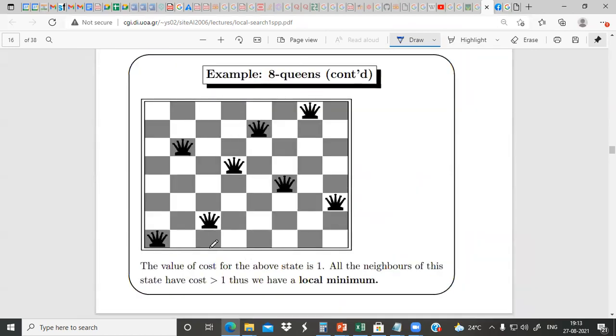This is also not a solution, but this particular board position, its evaluation function or H value, is 1. Only one pair of queens is under attack. This queen, if you see, cannot be attacked by any queen.